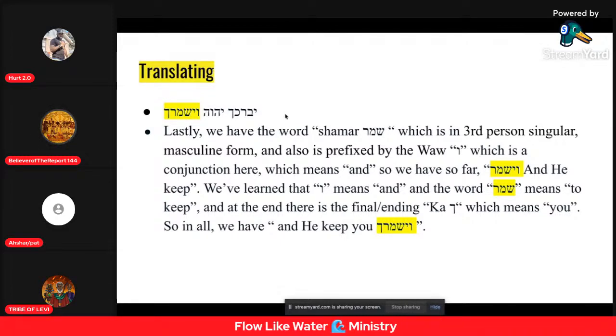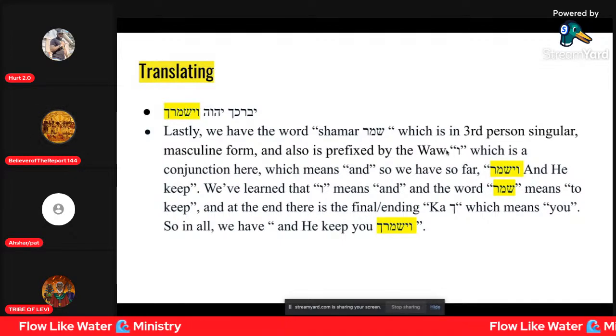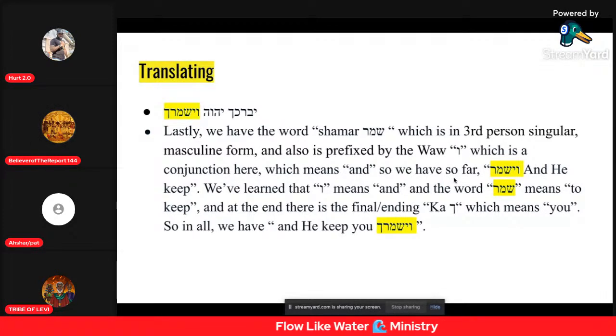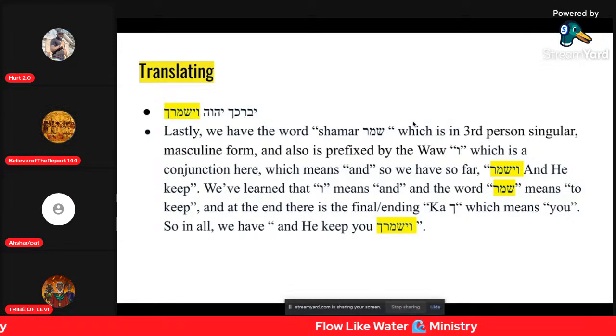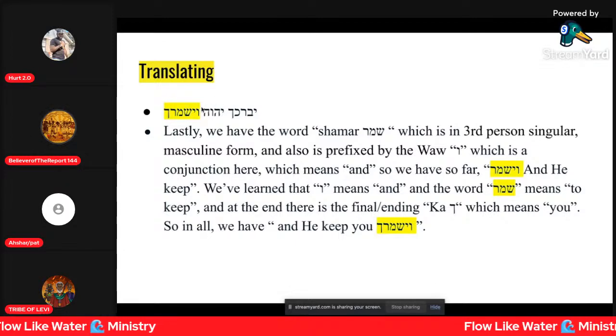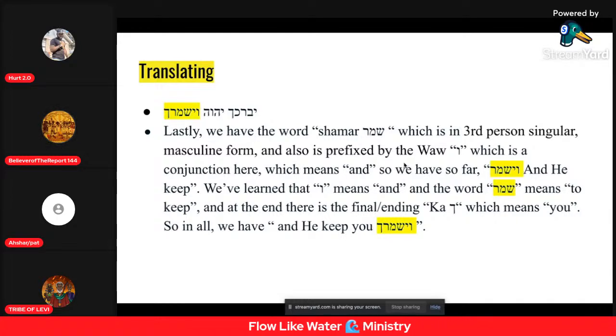So you look at the beginning of this particular phrase, we see the wa, which right here is a conjunction. So it would be and, and it's going to be translated as and 8 times out of 10. But wa is just some type of conjunction, so it could be and, but, etc. But we see here the wa at the beginning, so it's and, then we see the ya, which would be he again.